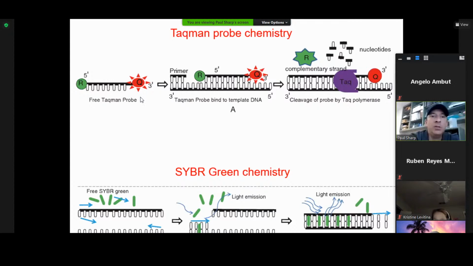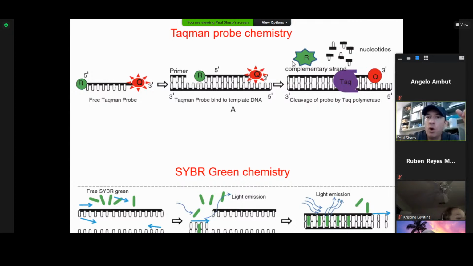So when you do TaqMan probes, you have a huge number of TaqMan probes. Maybe you have millions of TaqMan probes in that small little PCR tube. But when you hit it with laser light, you're not going to get any fluorescence until the probe is able to bind to double-stranded DNA and the Taq ends up plowing over it.